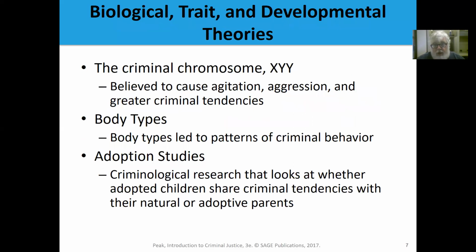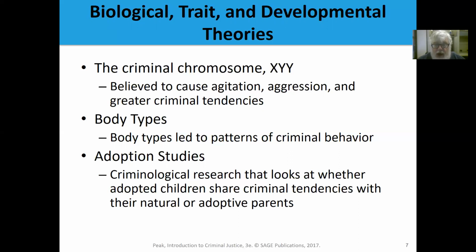So there was some talk about chromosomes, and there was actually a theory that suggested that some males had an extra Y chromosome, although that was widely disputed, and there were studies after the original theory came out that suggested that it really wasn't true, but it was believed at one time to cause agitation, aggression, and greater criminal tendencies.